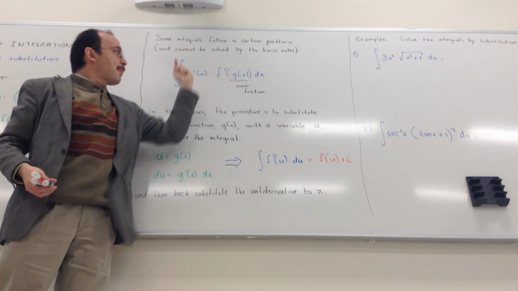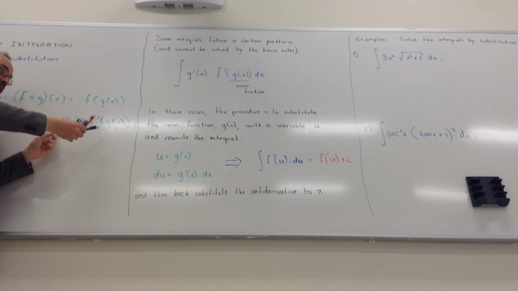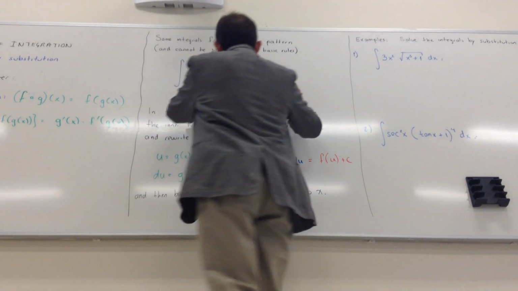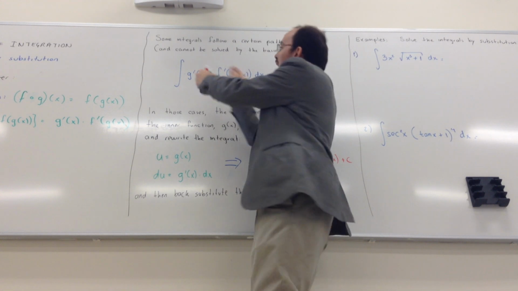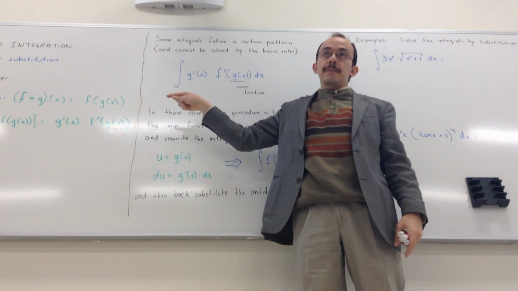If you observe, this is basically the result of the chain rule. So if you have this, by integrating, we're going to go back to what it was, a composition of functions. If you have an integral where you have a function inside of another one, and the derivative of that inner function is also there, you need to apply this.